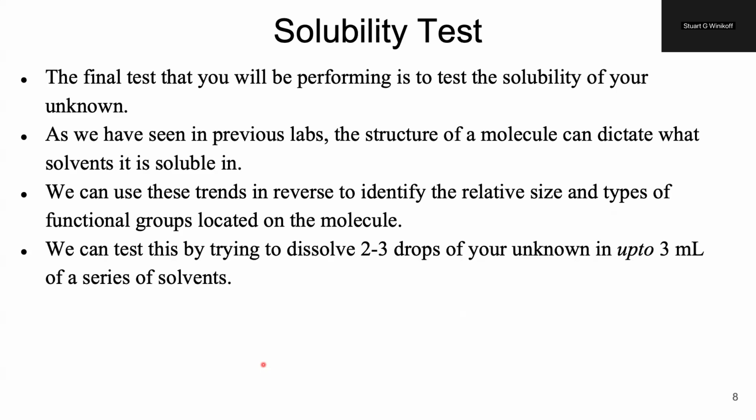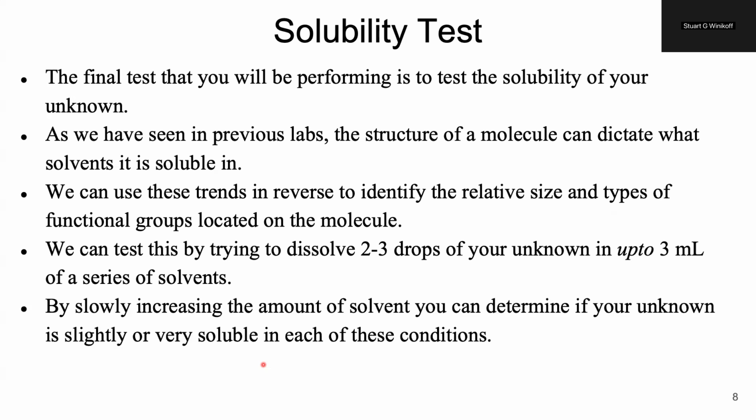So we're going to test this trend by dissolving 2 to 3 drops of your unknown in up to 3 milliliters of a series of different solvents. So we're going to do this by slowly increasing the amount of solvent that we've added to our sample by about a half a milliliter at a time to figure out if your unknown is slightly soluble in each of these conditions or very soluble. If it dissolves immediately, we're probably looking at very soluble.